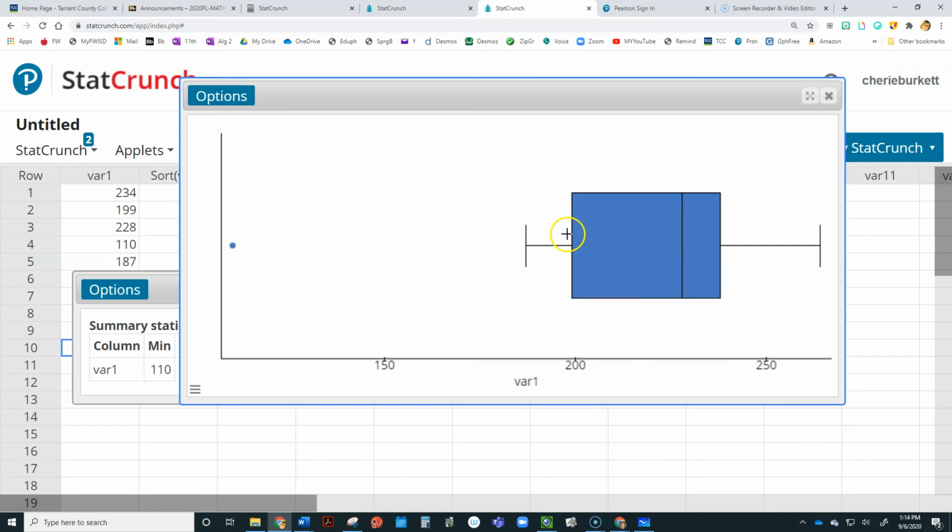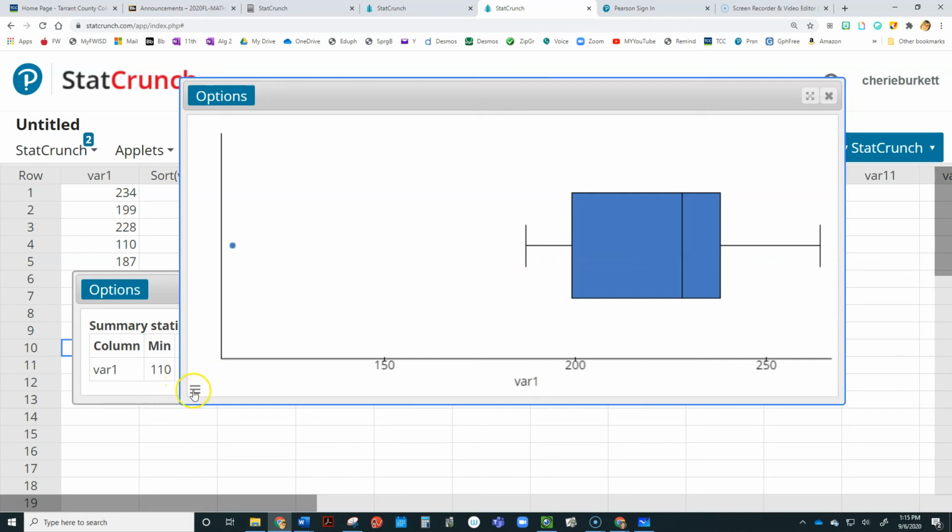It gives you all your pieces of information. It doesn't tell you which one is which, so you have to know that this is the minimum, Q1, Q2, Q3, and maximum. All of that information is on there when you hover over it.